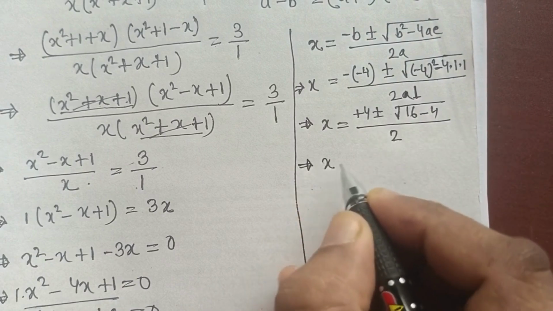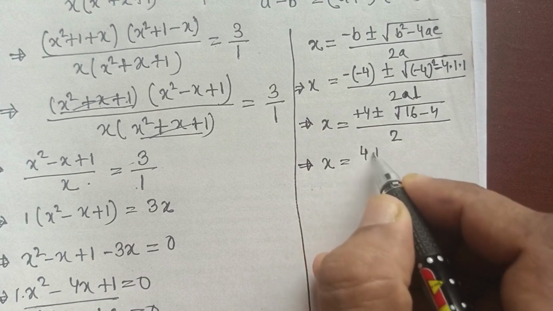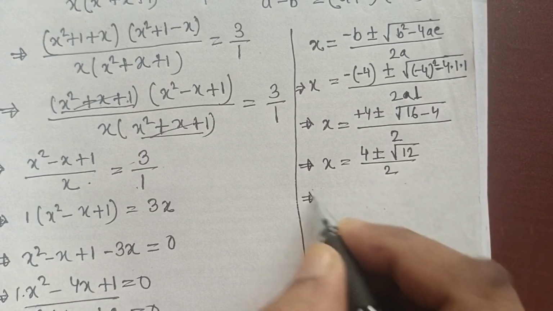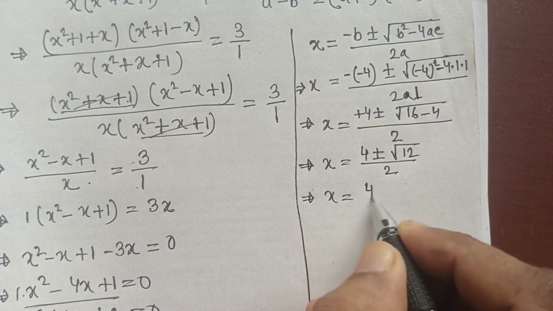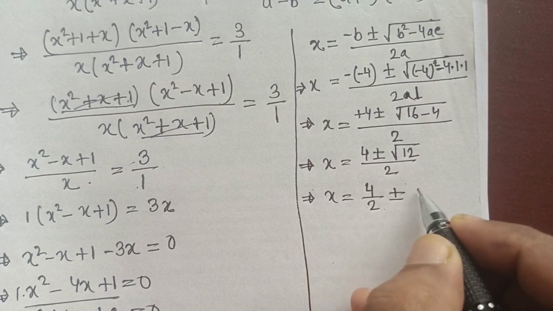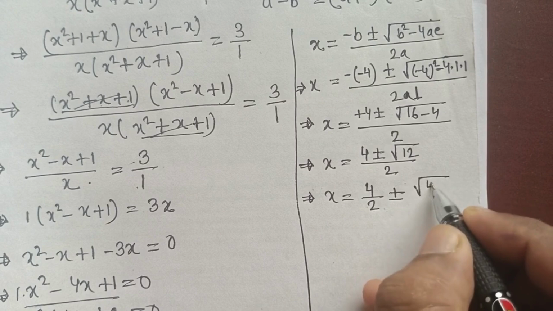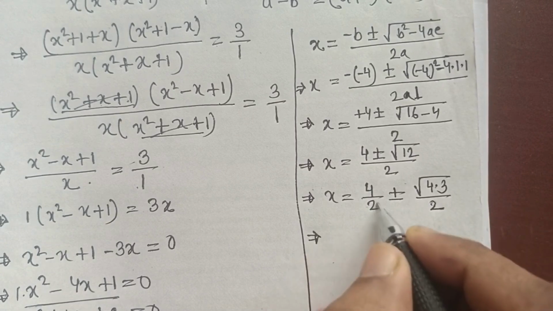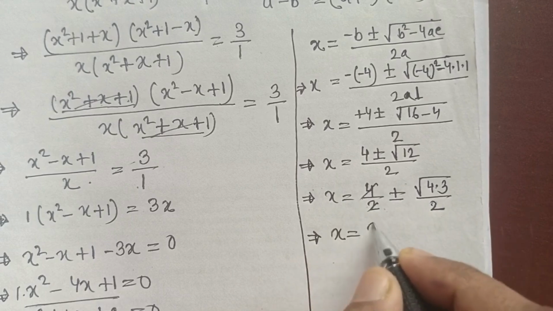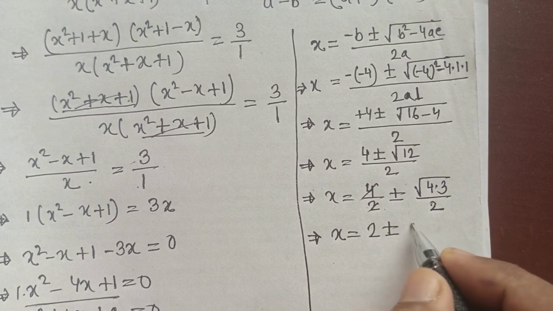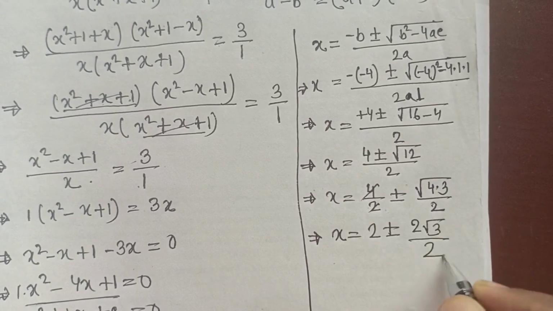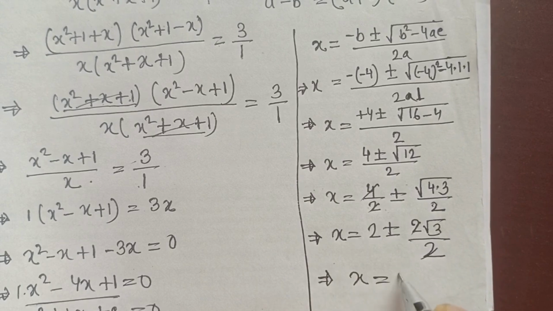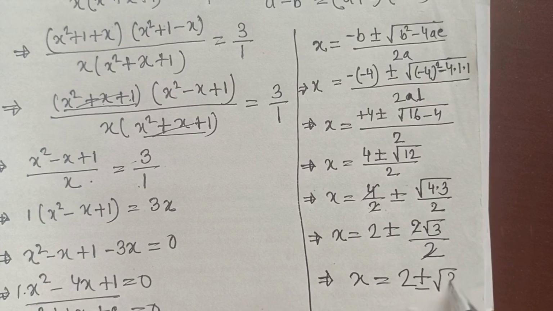Therefore x is equal to 4 plus minus root 12 by 2. Therefore x is equal to 4/2 plus minus root of 4 into 3 by 2. So x will be (2 plus minus 2 root 3)/2, and these 2 will cancel out. So the answer will be x is equal to 2 plus minus root 3.